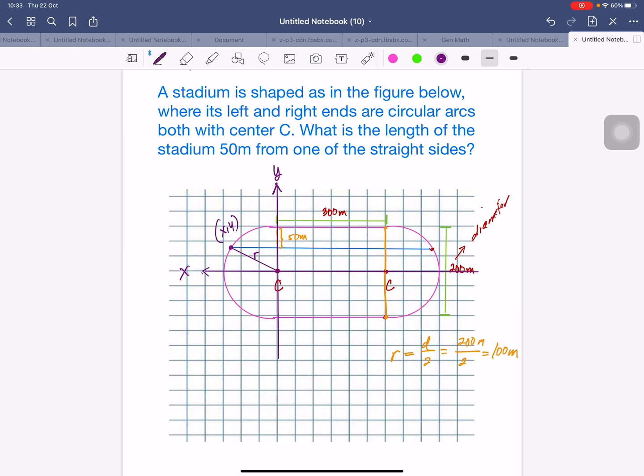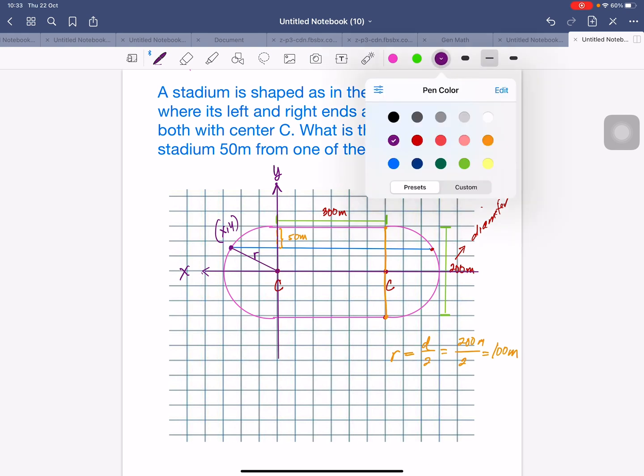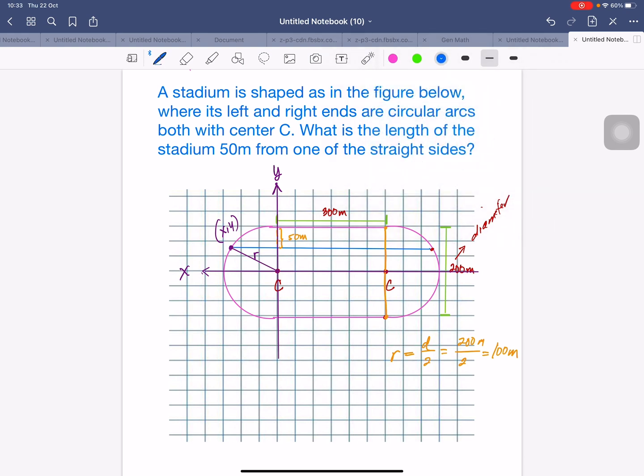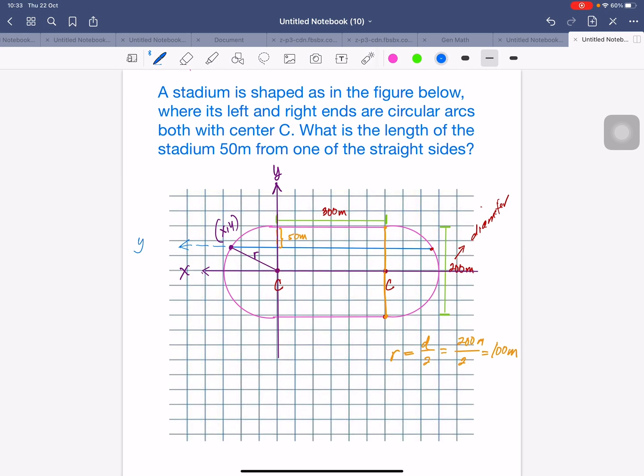Now this point here, which is tangent to your circle, or your arc, is (x, y). And that y, if I'm going to extend this line here, this line is y, because this radius is 50, and so this one is also 50 meters.